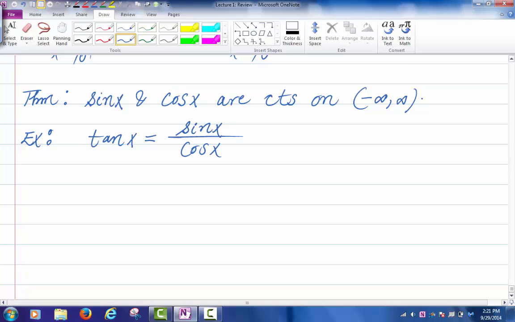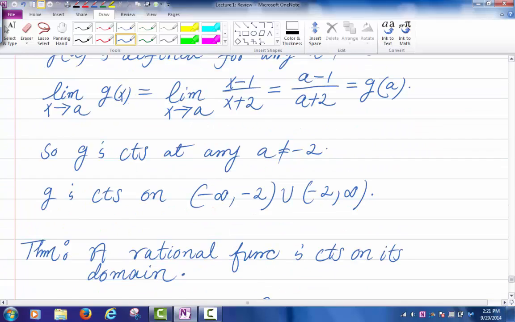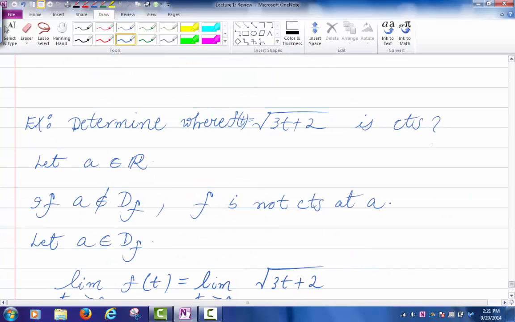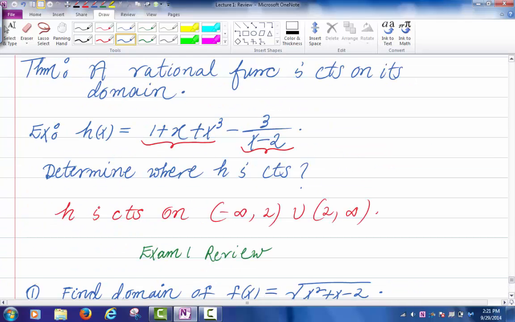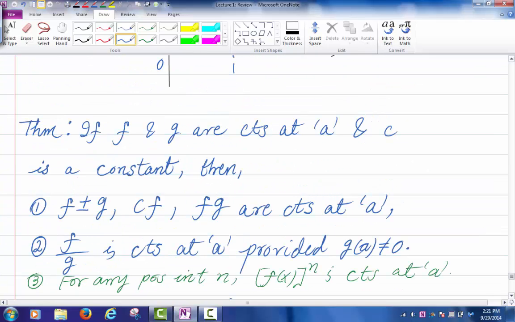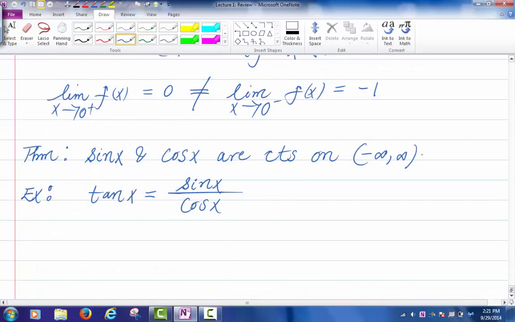And we are going to use this algebraic theorem that we had. Where is that? Right there. If f and g are continuous at a, then their ratio is also continuous at a, as long as the denominator doesn't vanish at a, right? So that's the one that we're going to use here.